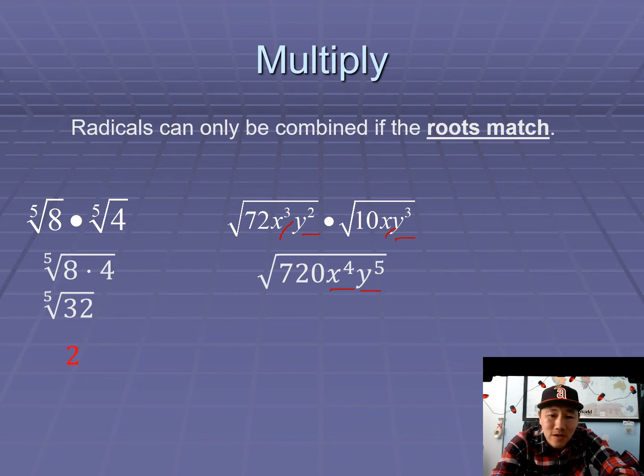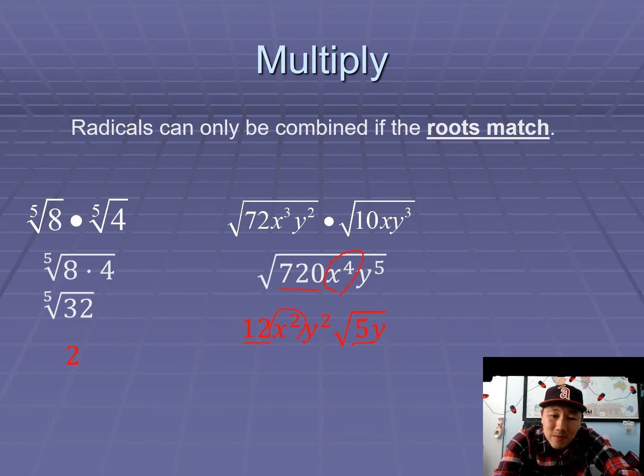And from here, you break it down. Use your factor tree to break it down and simplify. And that's what we have. 720, when you break it down, is 12 square root of 5. And then of course, x to the fourth, if you look for pairs, there's 2 pairs of x to the fourth.